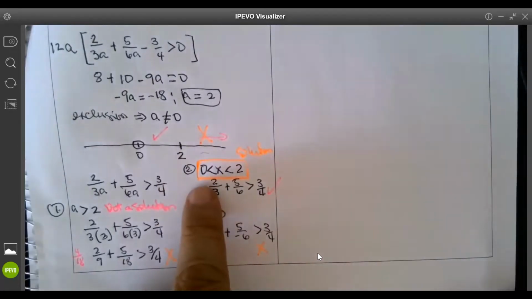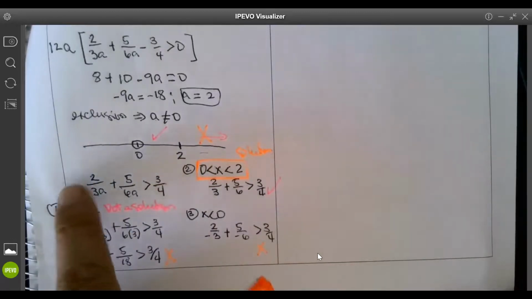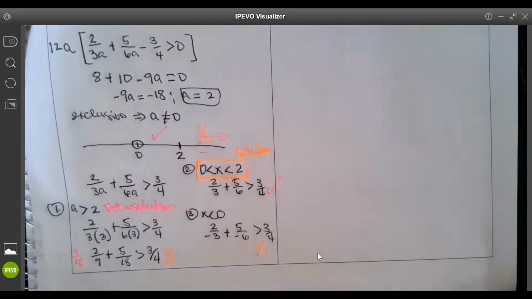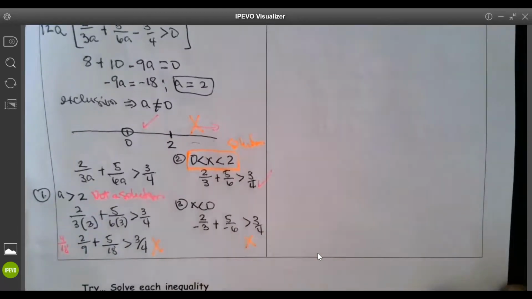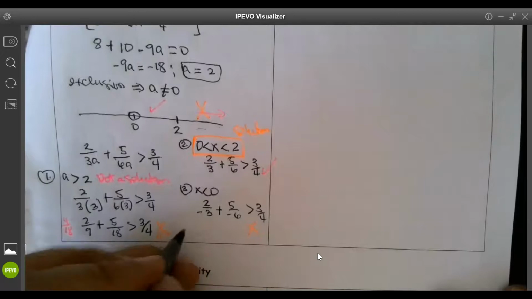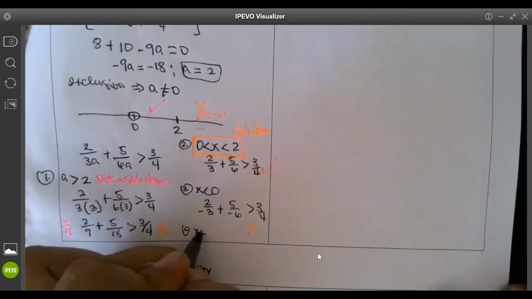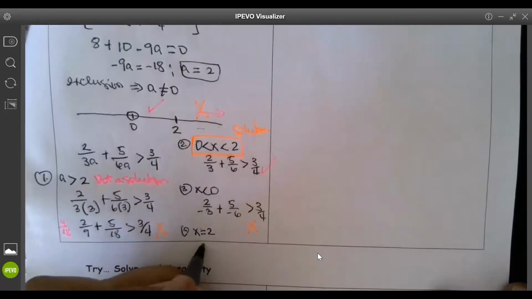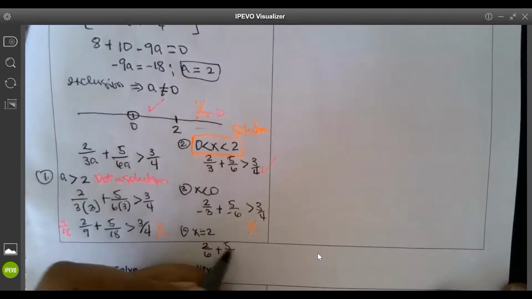So if x is 2, this will be 2/6, right? That's 3 times 2 is 6. Plus 5/12.